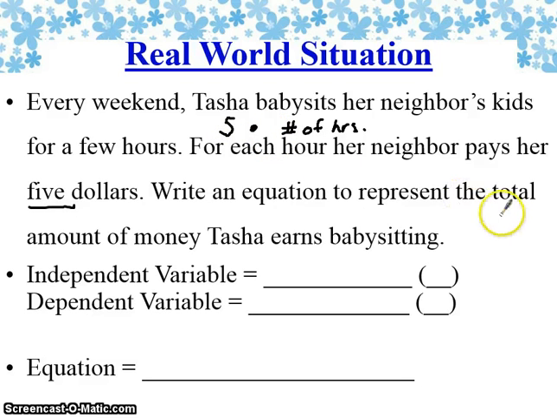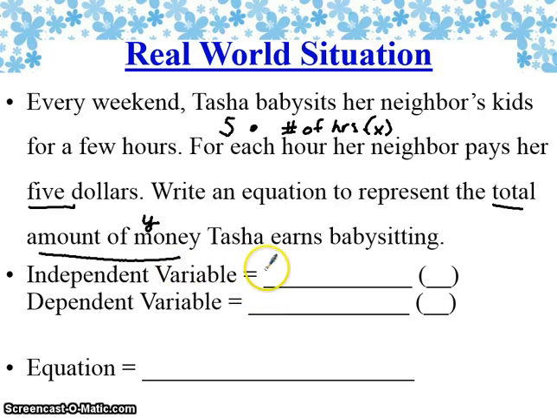And that is how she gets the total amount of money, which is dependent, which would be our Y, on the number of hours. Do you see how I read it the whole way through, and then I went back through rereading parts of it to find those keywords? Now, define our independent and dependent variables.